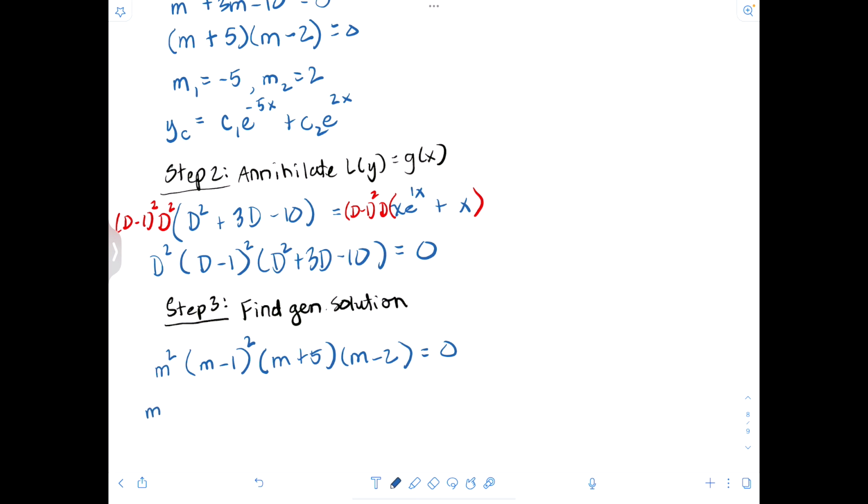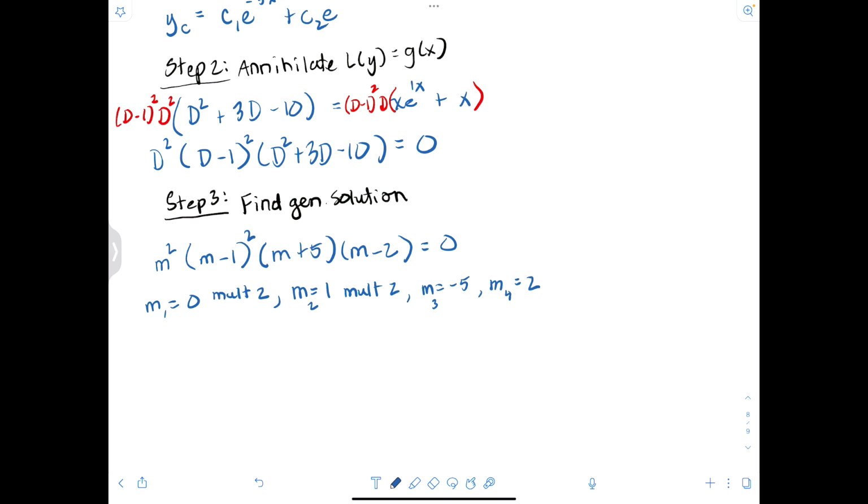So we're going to get m equal to 0 with multiplicity 2. We'll have m equal to 1 with multiplicity 2. m equal to negative 5, and then m equal to 2, so we can call this m1, m2, m3, and m4, and those are distinct.